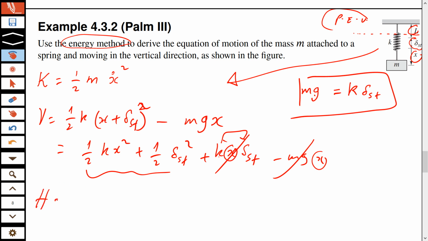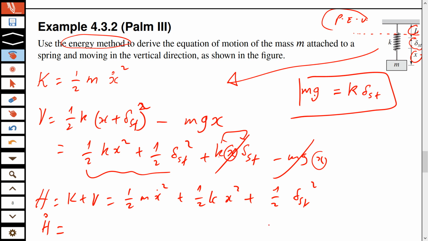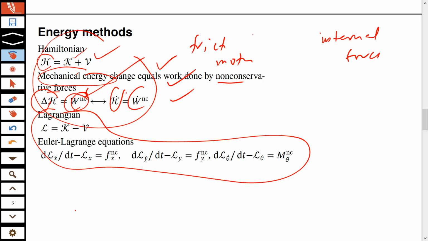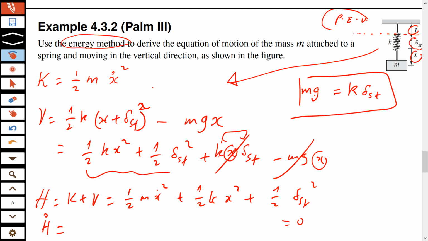And now the total energy H is T plus V, which is half m x dot squared plus half k x squared plus half k delta st squared. And I can now simply differentiate this, and this derivative must give me 0 because there is no external force, no external work done. We don't have any non-conservative force.